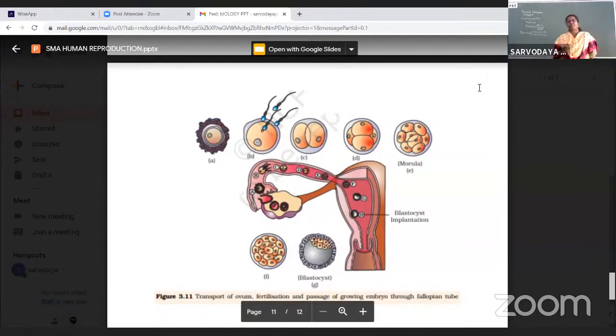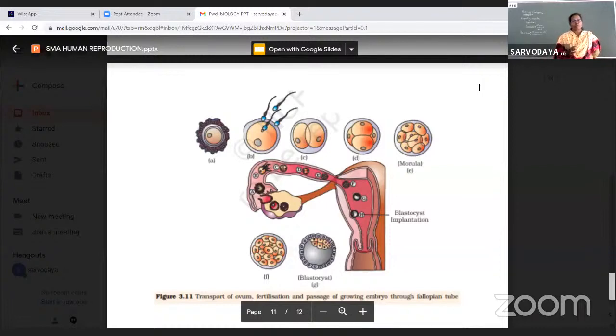When the first division occurs, two daughter cells are formed, followed by the second division, 4 daughter cells, followed by the third division, 8 daughter cells, followed by the fourth division, 16 daughter cells. After that, within the zygote, the mitotic division will continue, resulting in the formation of a ball of cells.